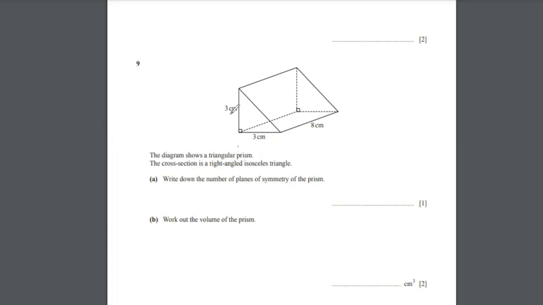Right angle isosceles triangle means two sides are equal, means both this side and this side are 3 centimeter. However, this is not 3 centimeter. Isosceles means two sides are equal. And write down the number of planes of symmetry for this prism.